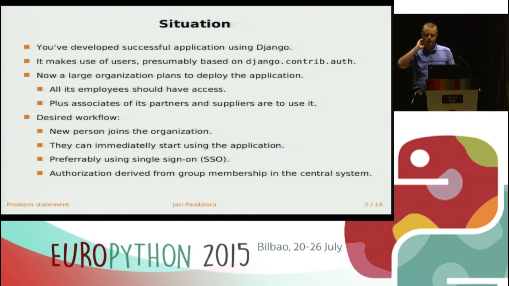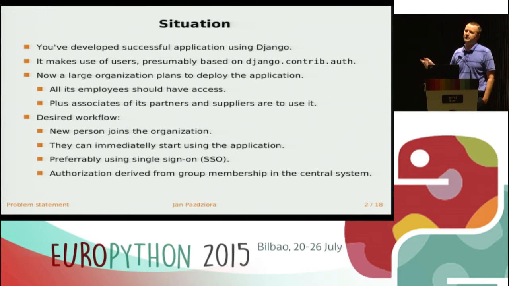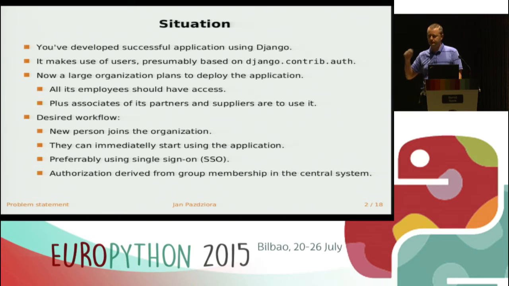But the organization wants all employees, all associates to have access to that application. And perhaps not just the employees, but they have partners and suppliers and maybe customers, and all of their people should have access to it.